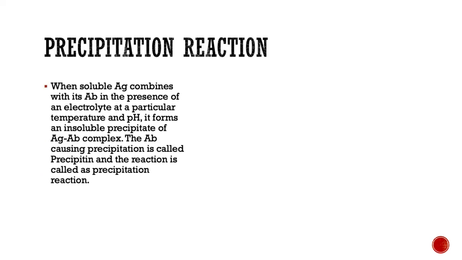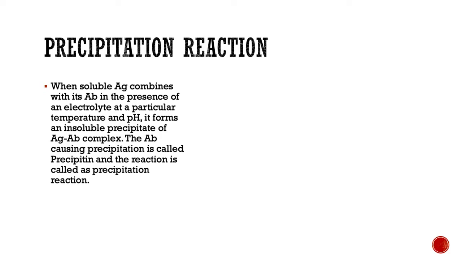When the soluble antigen combines with the antibody in the presence of the specific electrolyte, particular temperature and pH, then an insoluble precipitate of antigen antibody complex will be formed.